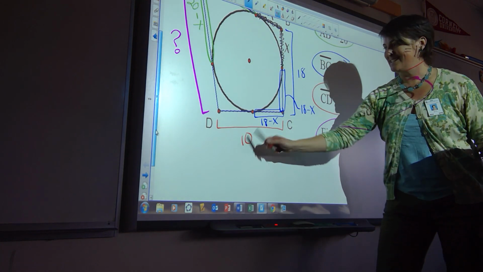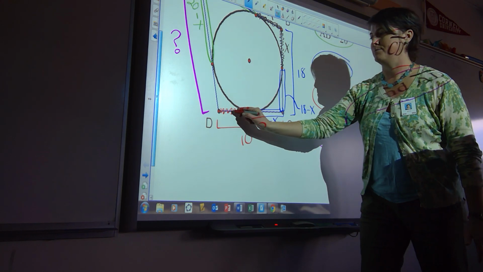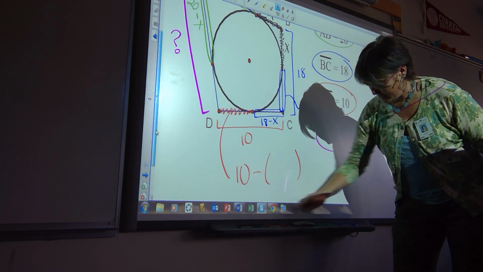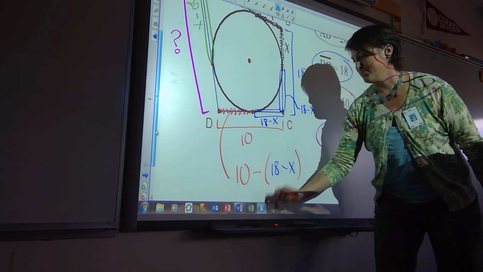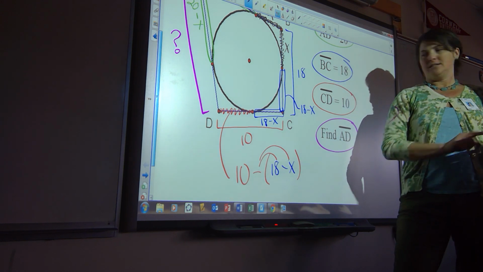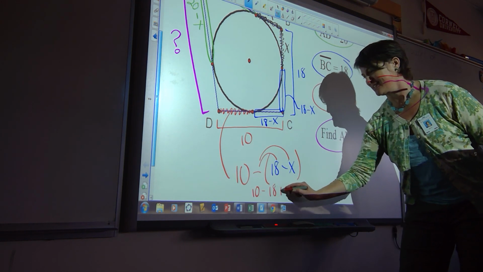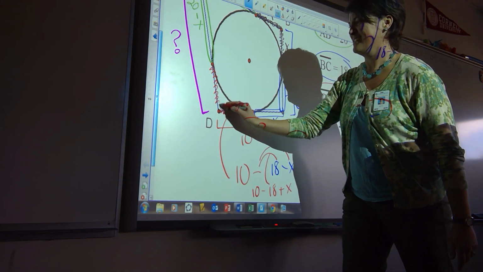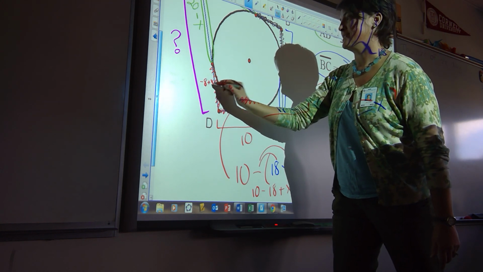So if this is 10 and this is 18 minus X, we need to figure out this piece, which would be 10 take away the 18 minus X, which would end up being 10 minus 18 plus X. Okay, so negative 8 plus X. Can you just do 8 minus X? Oh, sure, yeah, negative 8 plus X or X minus 8.